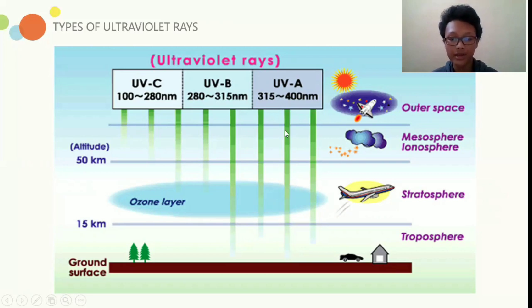The beneficial effect of UVA is that it helps in the production of vitamin D in the human body. But the harmful effect is that it may darken the human skin color. Ultraviolet A comes from the sun to the earth.